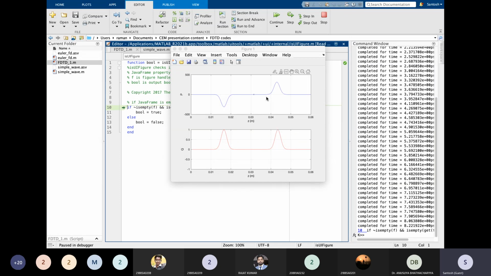That is, these are z values. Initially, you did not have any p or any q. But as time progresses, you see the wave is moving in either direction along the z-axis, right? So this is called a wave. See, the wave is moving in z.